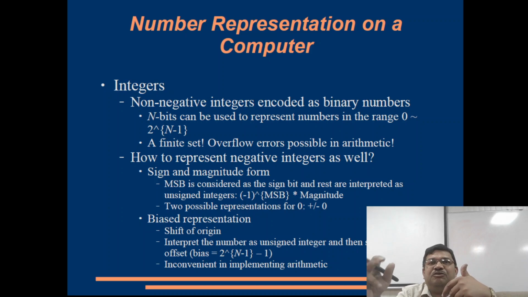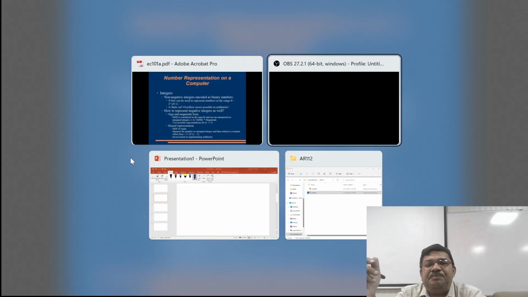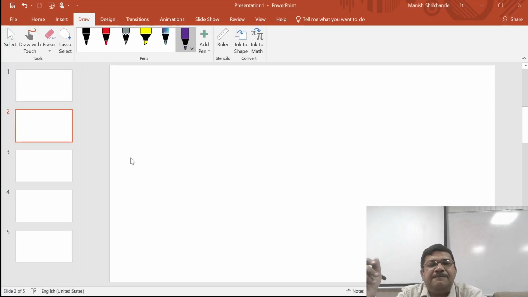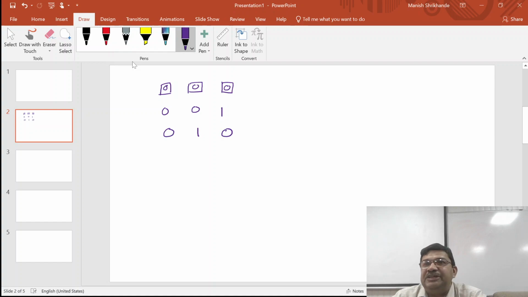And that rollback would be, for example, let us say we have 3 bits, right? So each of these bits contains 0, and we can have 0, 0, 1, that is the next number. Then we can have 0, 1, 0, that is the next number, and so on until you have 1, 1, 1.